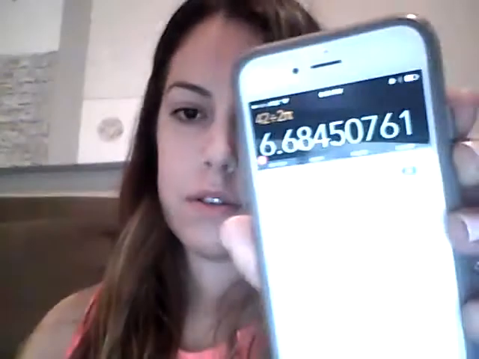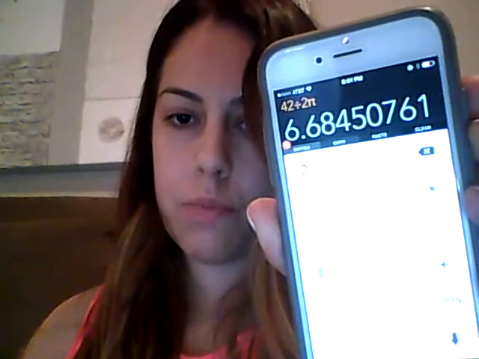Alright, so to measure the radius, I'm going to take the circumference, which was 42, and I'm going to divide it by 2 pi, and I got 6.68. So 6.68.